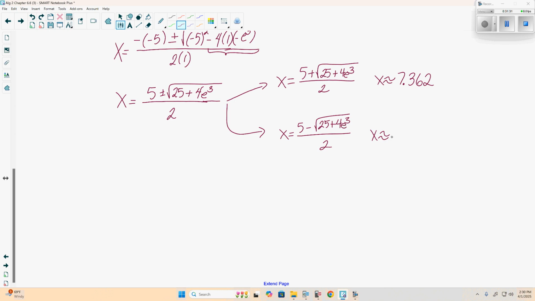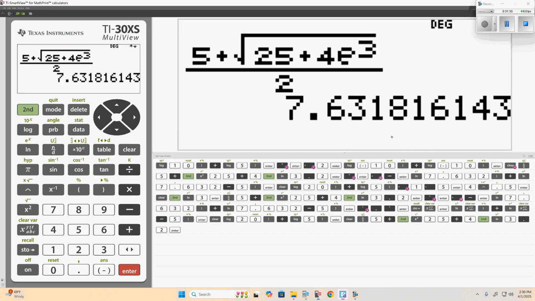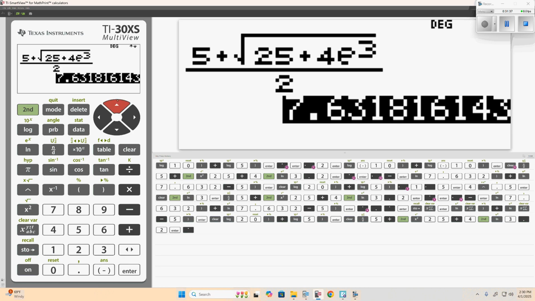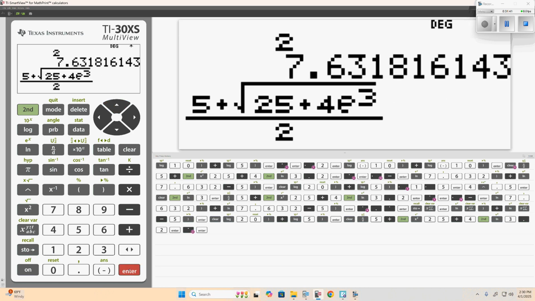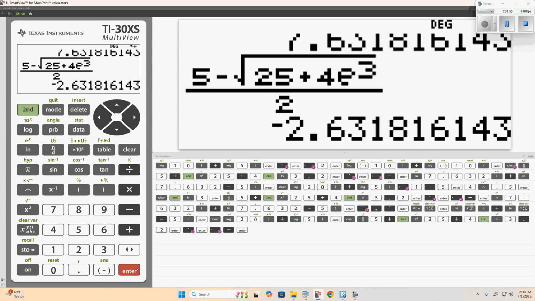Well, now we need to check the other one, yes? There is one nice thing about both the calculators that we use. If I go back up, use the arrows to select the one we typed in first, go over and change the plus to a minus. All you got to do is hit enter, and there's the other one.